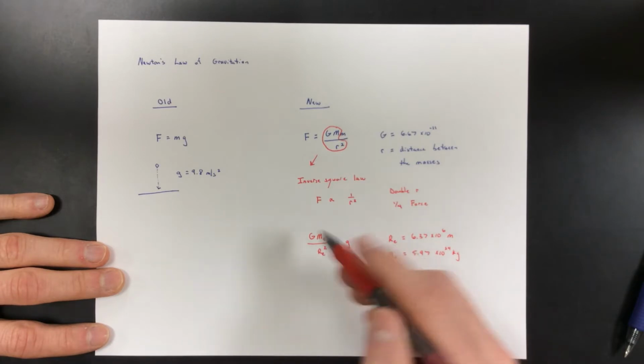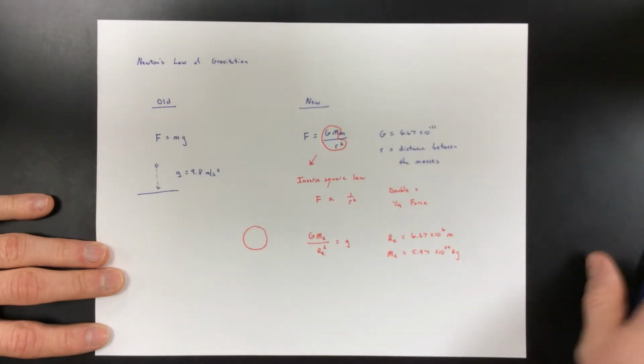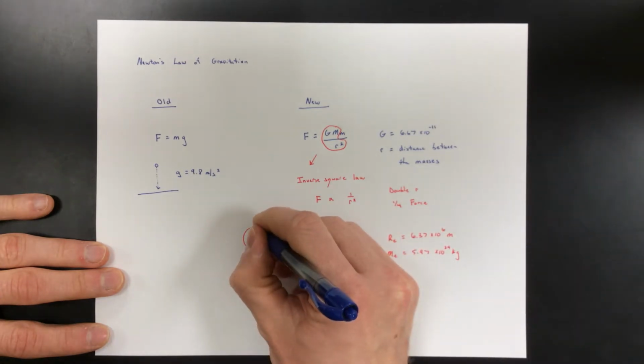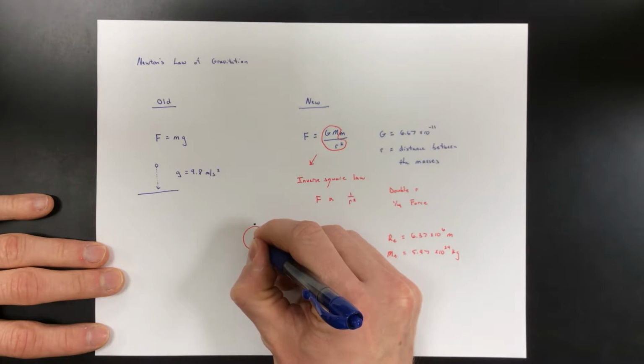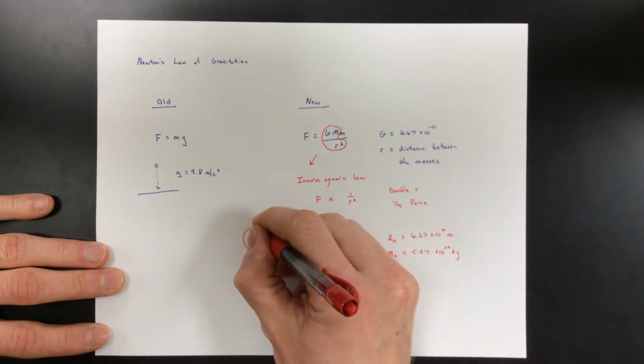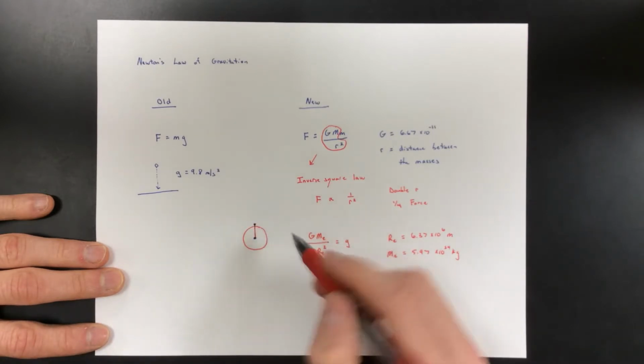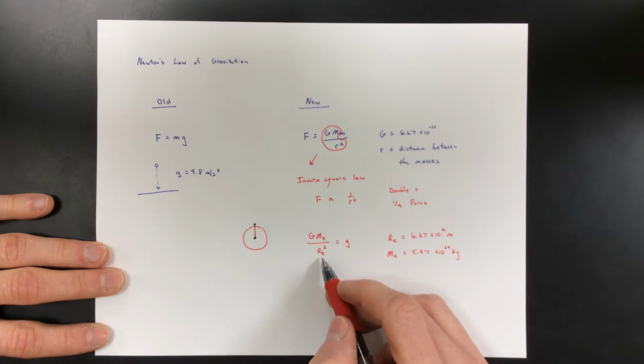And as long as we're not changing our distance, so we're standing on Earth, and we're talking about any object, then we're talking about an object here, and the Earth we consider all at the center. Then the radius is this distance. And as long as we're not too far from the Earth's surface, that radius is always just the radius of the Earth.